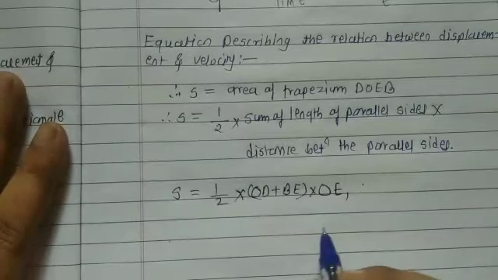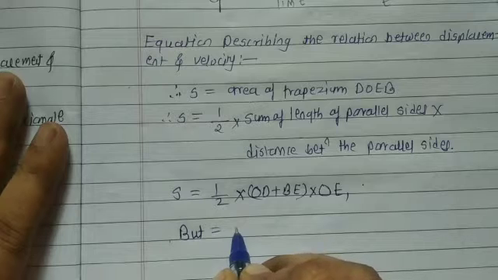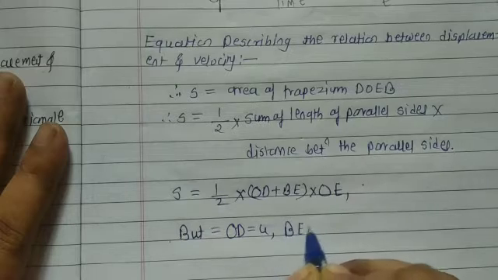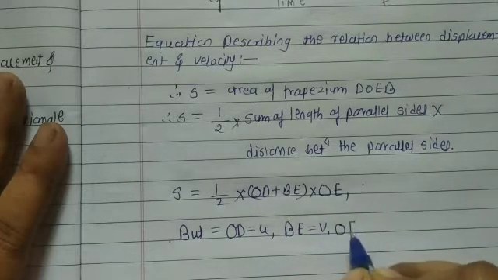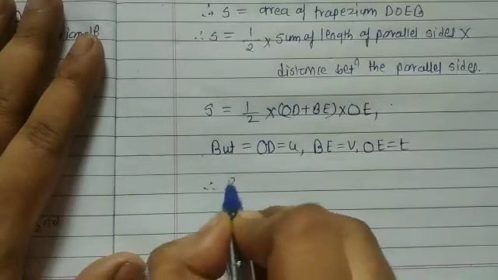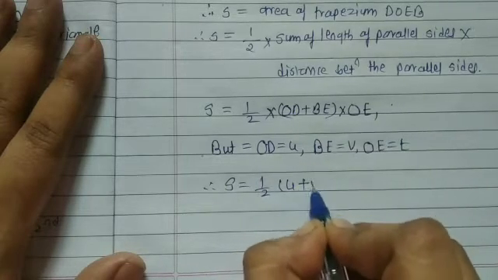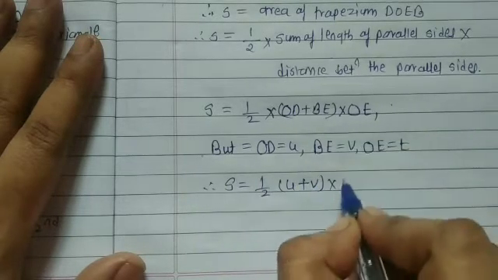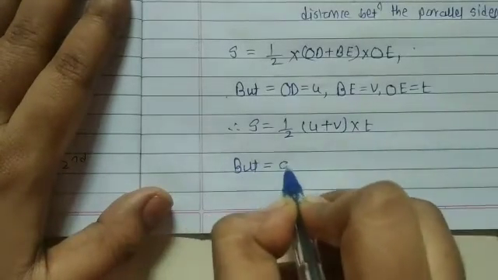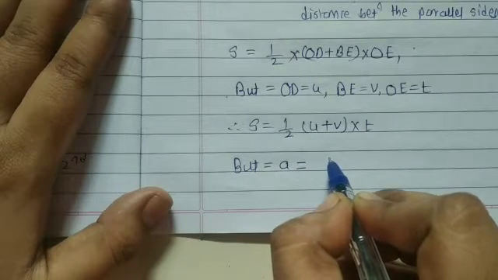Now student, we know that OD is equal to U, then BE is equal to V, and OE is equal to T. Put those values. Therefore, S is equal to 1/2 into OD is U plus BE is V into OE is T. But student, acceleration is equal to change in velocity.